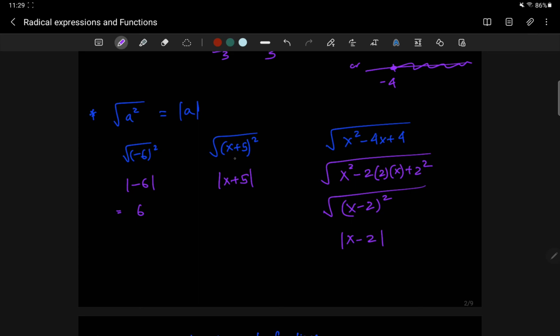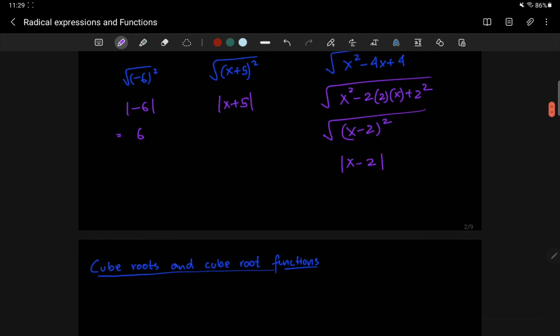So when we have expressions in terms of x and you have a square root of something that is squared, then you have to be careful that you are using the absolute value when you are computing it.